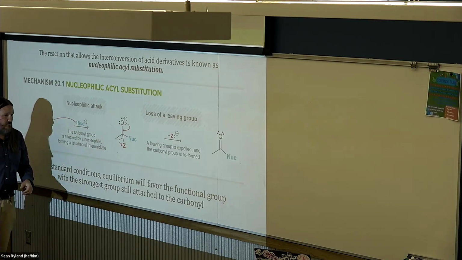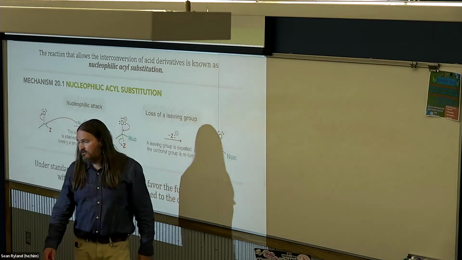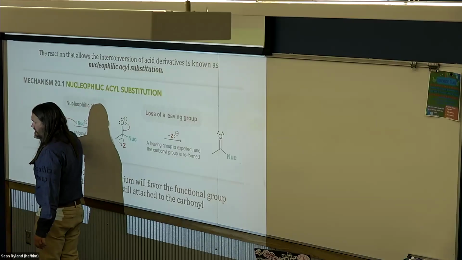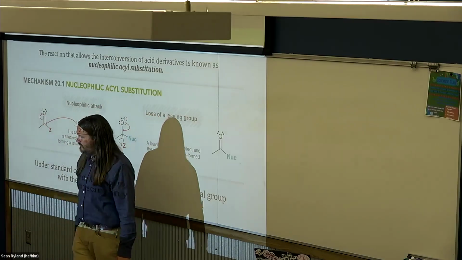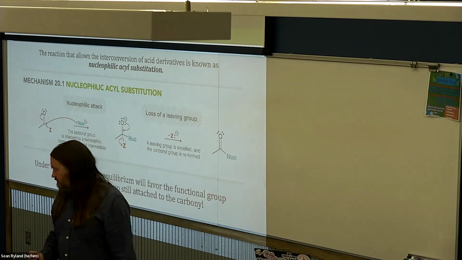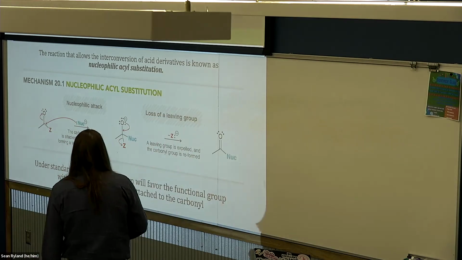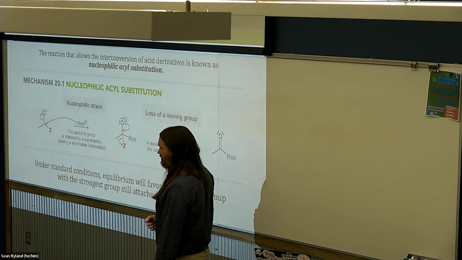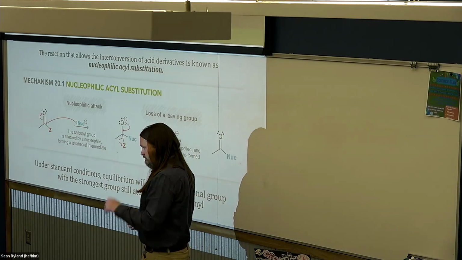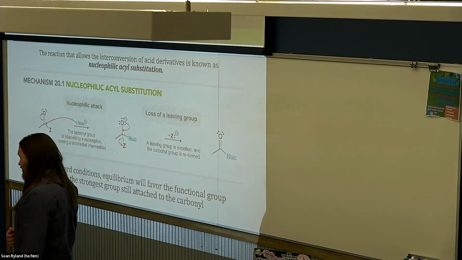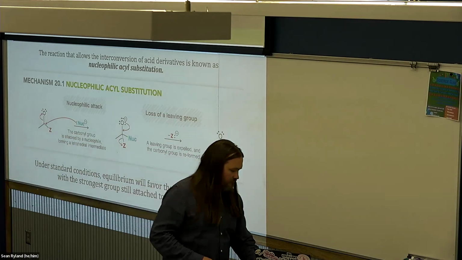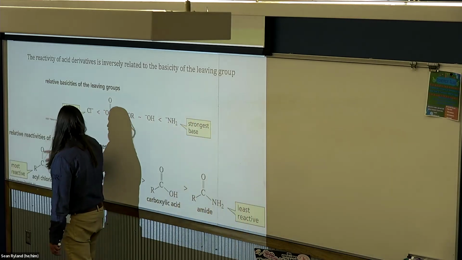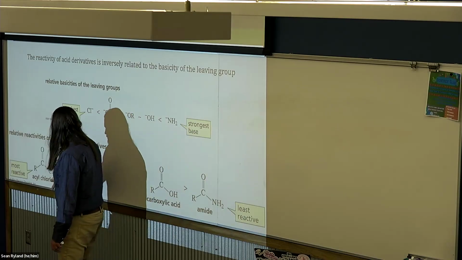Right, and at its most simple, it's 2 steps. Nucleophile attacks, leaving group leaves. Is that any leaving group? Yes, anything from that previous page. Any leaving group. For the acid chloride, the leaving group would just be chloride.